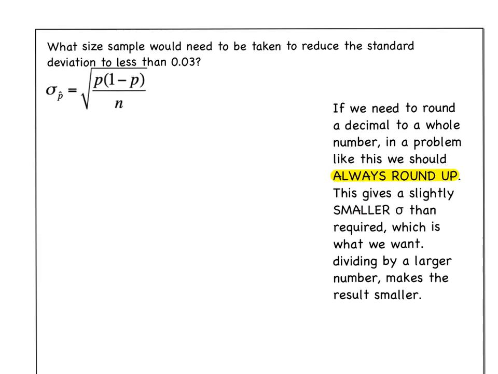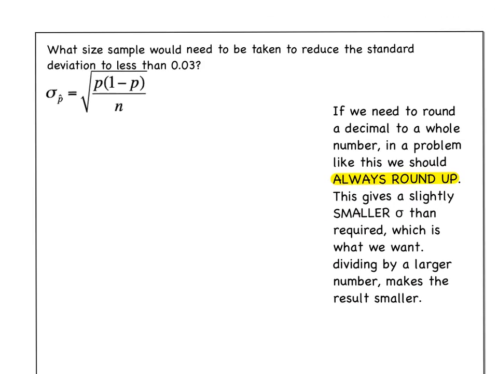Then the only other kind of problem you're going to see is something like this. This is asking, what should our sample size be so that our standard deviation is less than 0.03? This would be a question you would ask yourself before you even get started, because you might want to figure out what would be a good sample size to take.